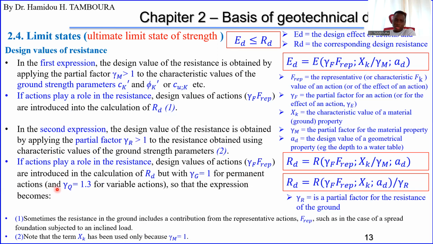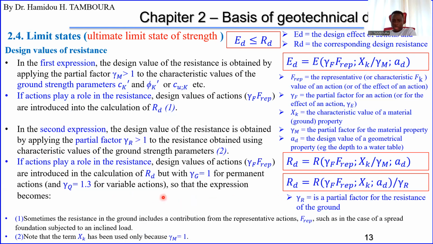But if the action is a permanent action but is favorable, then we will multiply it by 1.3.